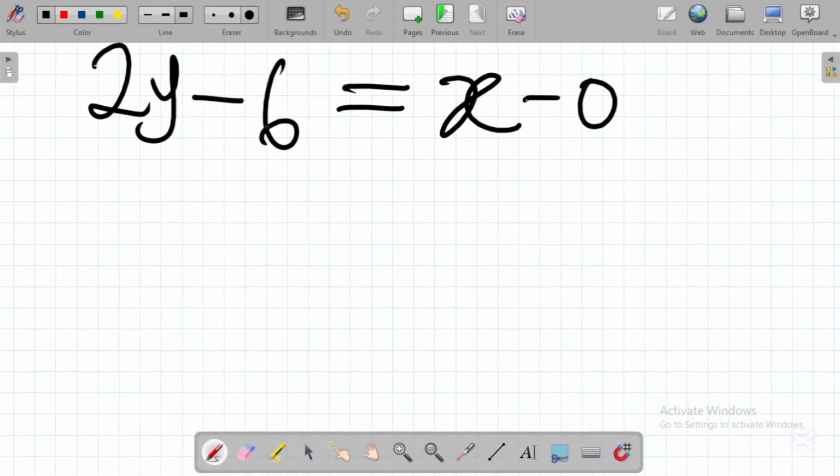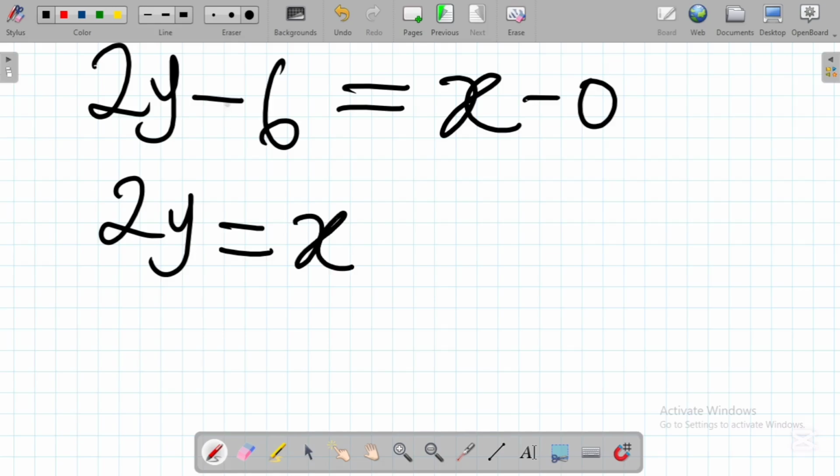So now let's move negative 6 to the right hand side. So we have 2y is equal to x. Negative 6 moves to the right hand side, it becomes positive 6.